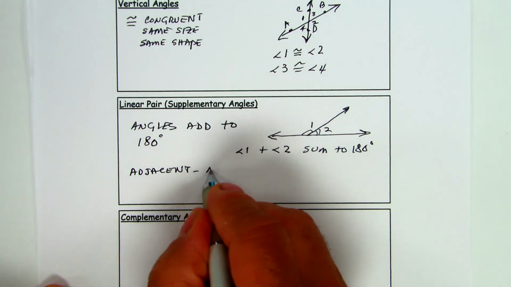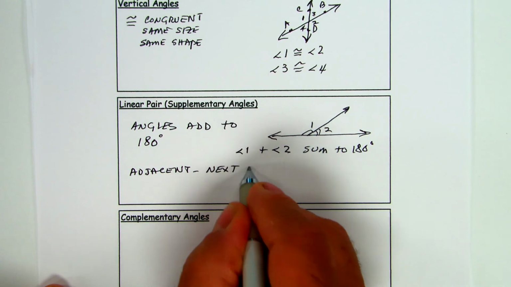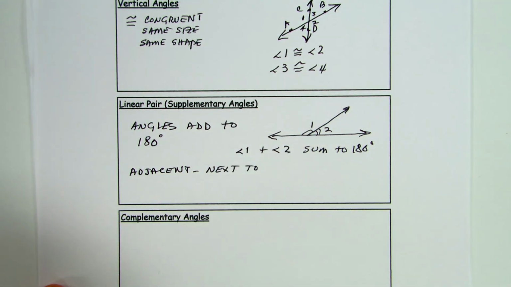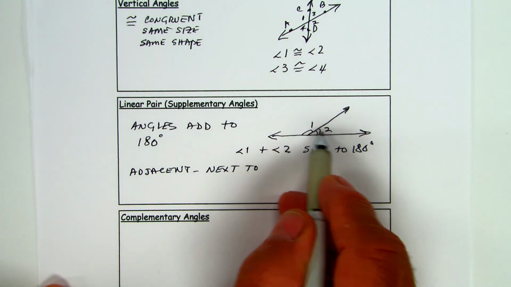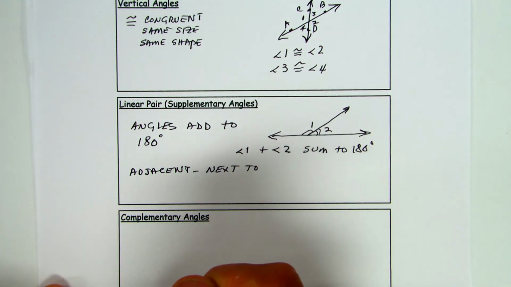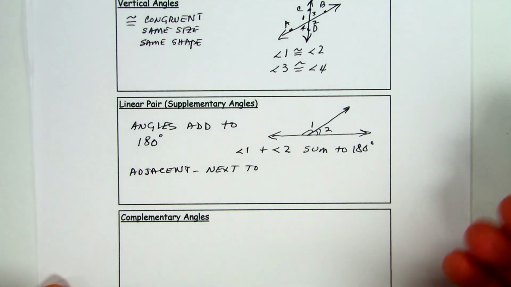Adjacent means next to. I sat adjacent to him at the ball game. Next to. So these two angles are adjacent. They're next to each other. So we say angles 1 and 2 are adjacent.